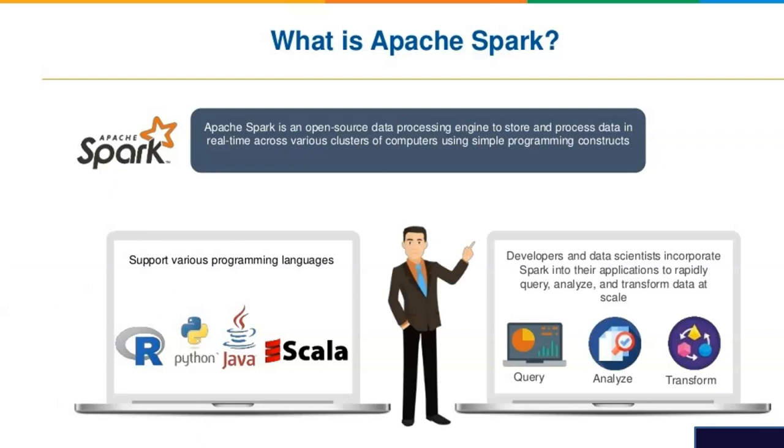A developer can do query analysis, analyze the data and transform the data at a very high scale. Since we know that Spark is one of the big data engines, Spark is actually doing distributed parallel processing computing with its engine.